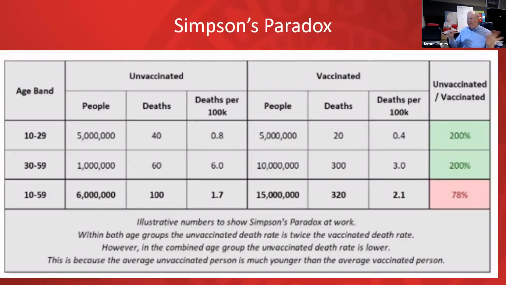Even if we just take very broad bands like 10 to 29 and 30 to 59, what we find is that death rates per 1,000 are twice as high over here for unvaccinated as well as vaccinated. But then when you compare them in aggregate, it ends up as much more.